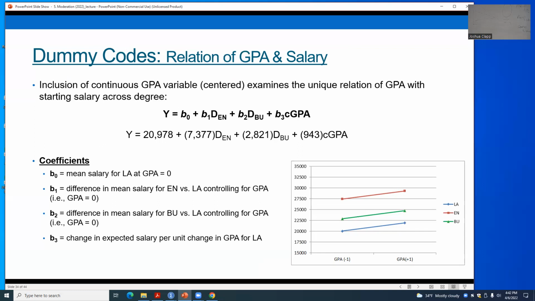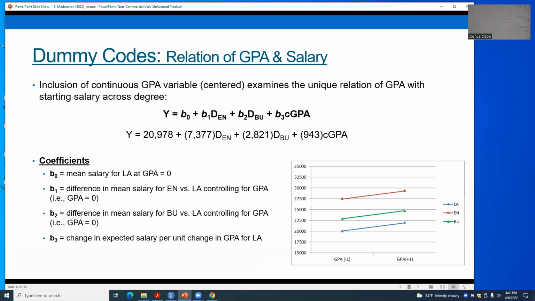To see whether the effect of GPA on starting salary changed based on different degree programs, what would I need to have in this model? Yeah, I need to have interactions. Remember, this is the same thing. My unique effect of X on Y has to incorporate that change.